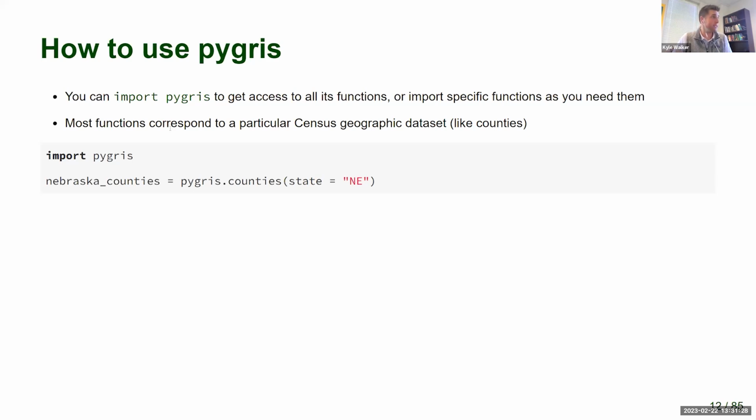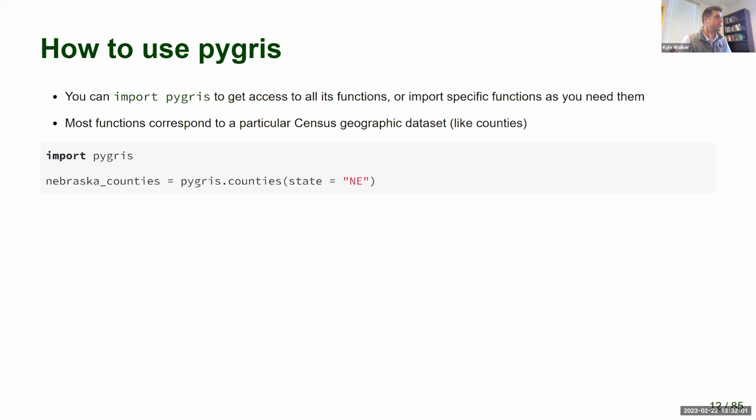And so if I need counties, I use the counties function, and then I can specify an optional set of arguments. So for example, if I were to run this code here, I could say import pygris. That brings in the code and makes it available to my session with the prefix pygris. And then now if I ask Python to execute pygris dot counties, it will run the counties function with any arguments that I include.